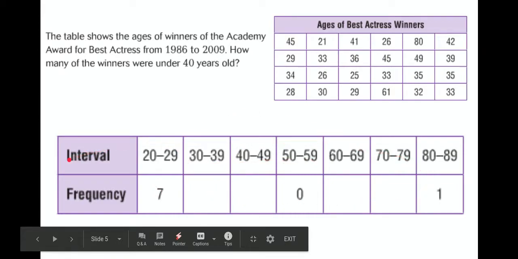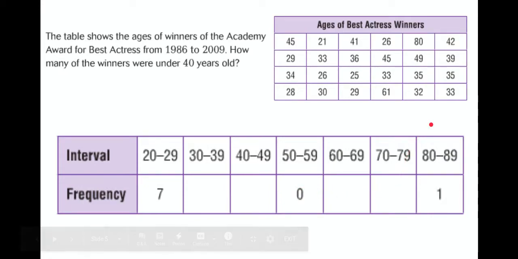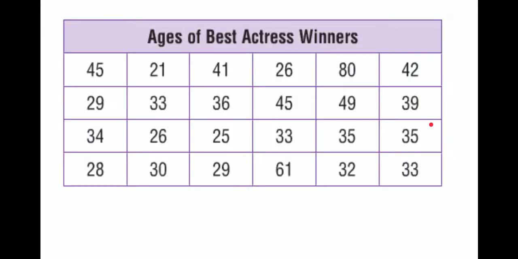Fill in everything exactly as you see it here, and then fill in these 4 blanks. So what I'll do now is make that a little bigger for you. This is the original data table, so now you can see it a little bit easier. You could hit pause and fill in the rest of your frequency table, which is that thing that I asked you to make on your paper.